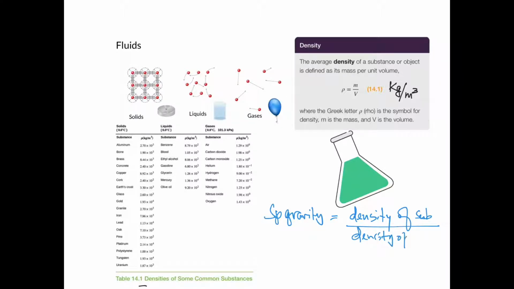So, for example, knowing that the density of aluminum is 2700, its specific gravity is going to be 2700 divided by the density of water, which is 1000. 2700 divided by 1000 gives 2.7. So the specific gravity of aluminum is 2.7. And specific gravity does not have any units because it's just a ratio.